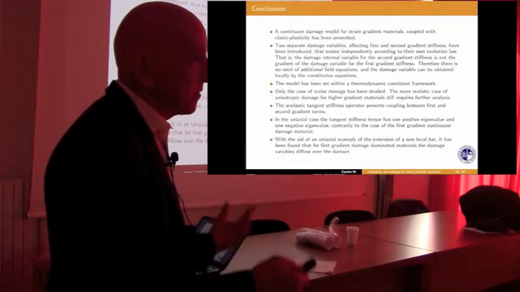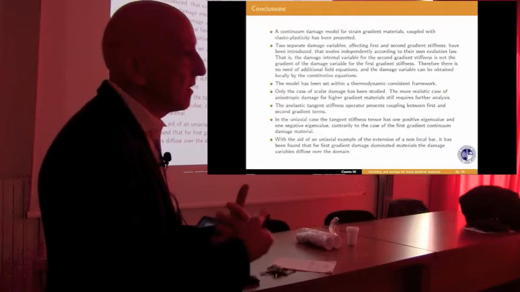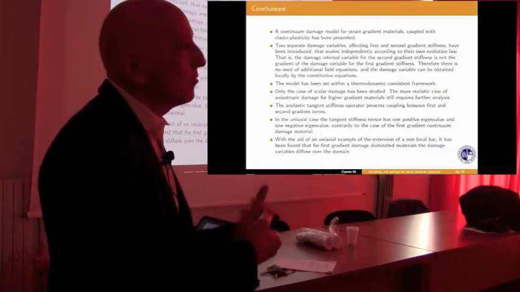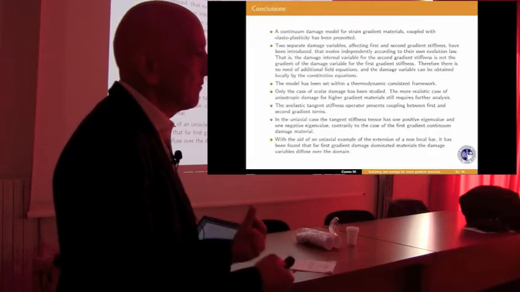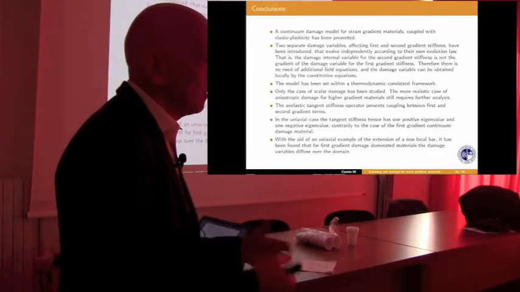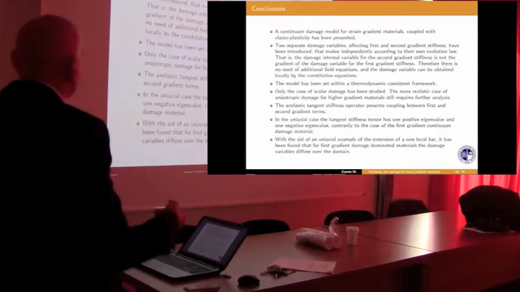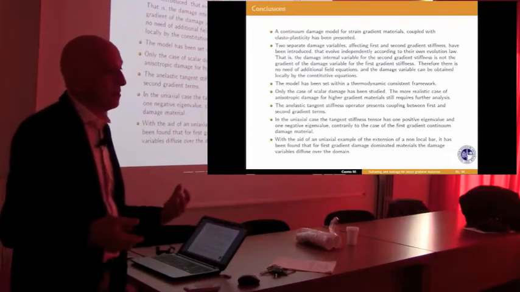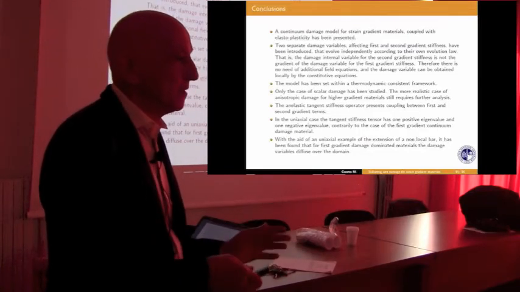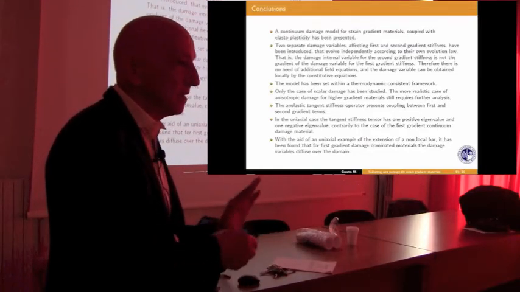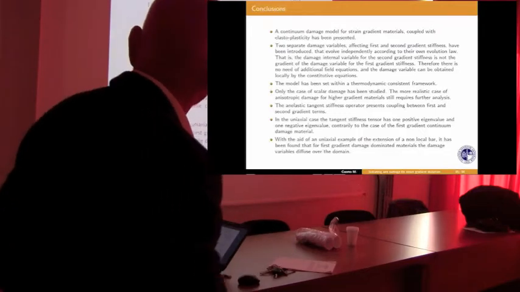So they evolve separately, and they evolve with the flow rule. So they can be solved locally. Numerically, they can be found at the Gauss point only. So the non-locality is in the equilibrium equation only. All constitutive equations are local. So it's very, very convenient. It's solved in a standard way, as we do with plasticity.